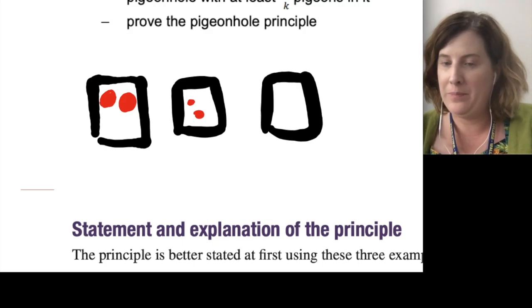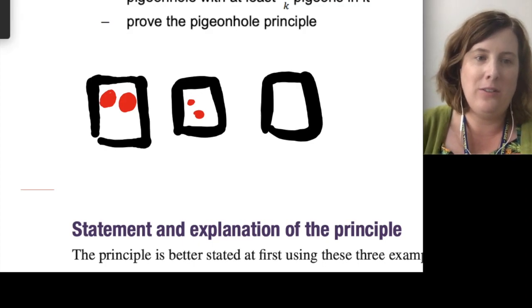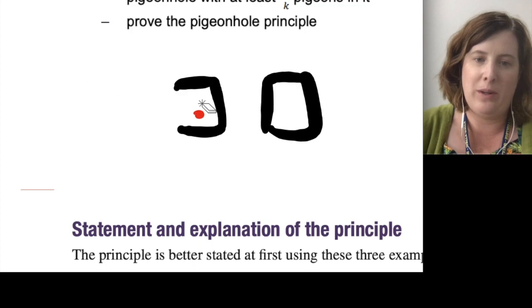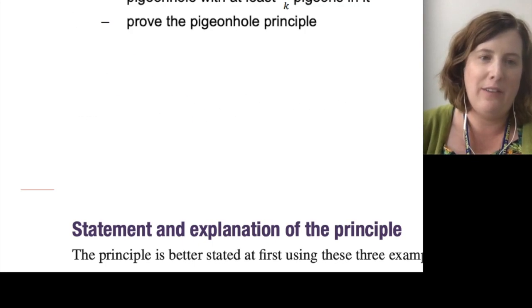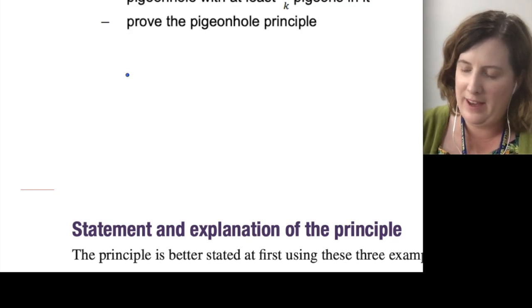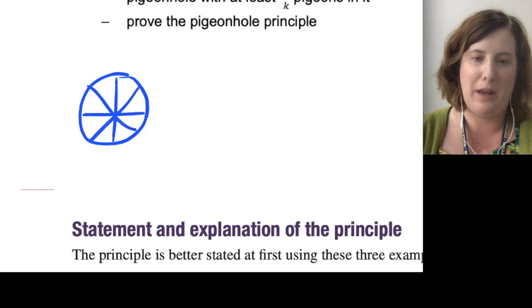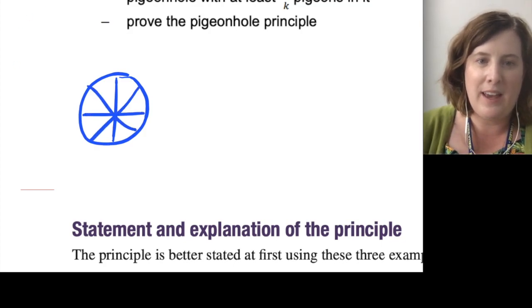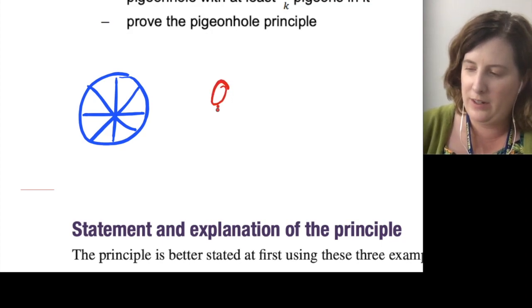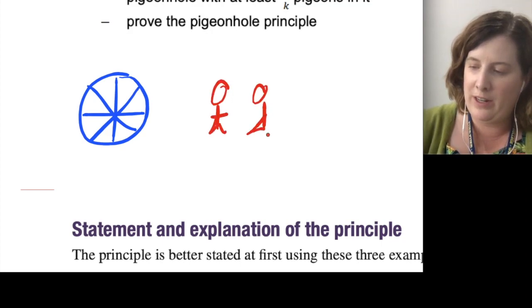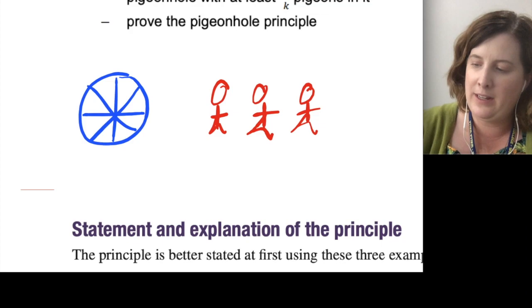Let's look at a different kind of question. Let's say that I've got some cake, and I've got 8 pieces. And let's say I've got 7 annoying children at my party.